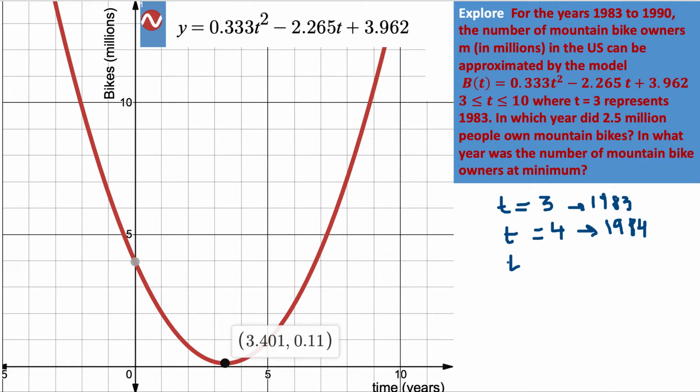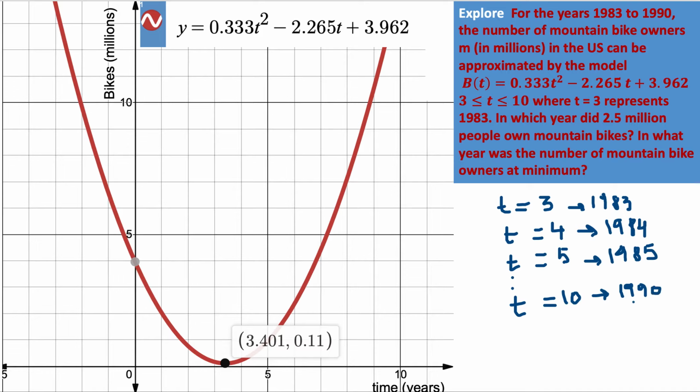For example, if t is equal to 5, it represents 1985, and this continues up to 10. 5 is 1985, 1986, 1987, 1988, 1989, and t equal to 10 represents 1990.